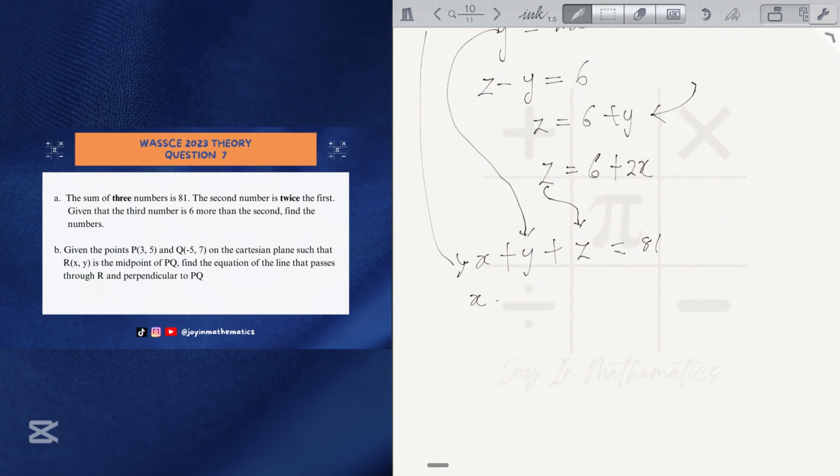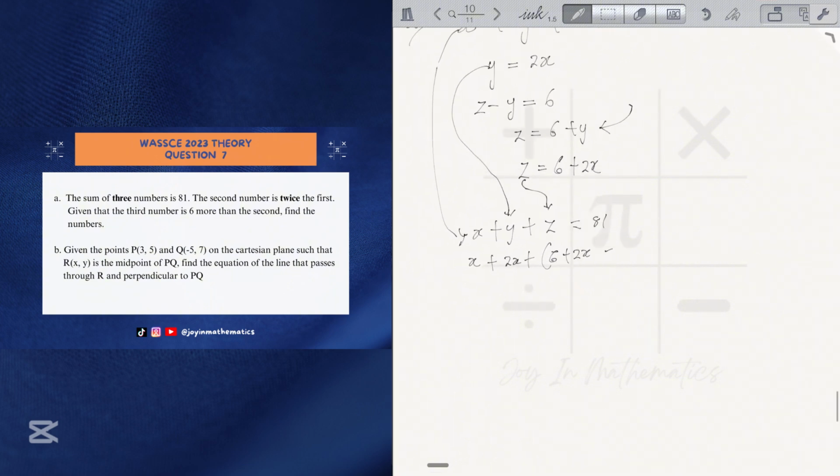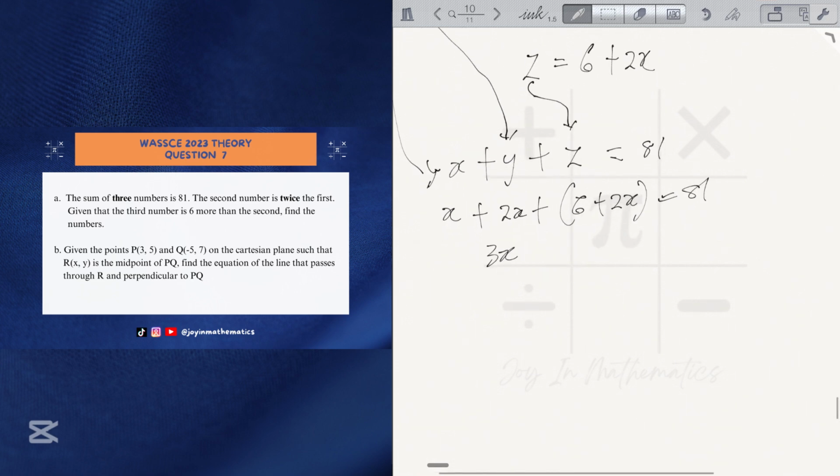So we'll have X plus 2X plus Z, which is 6 plus 2X, is equal to 81. With this, we will have 3X plus 6 plus 2X is equal to 81. This will give us 5X plus 6 is equal to 81.